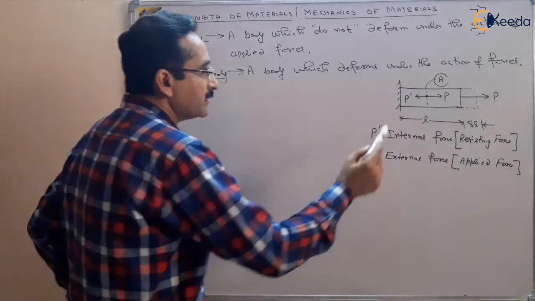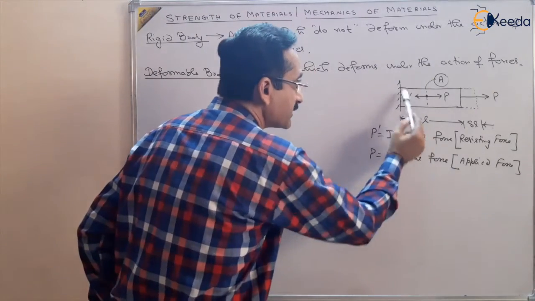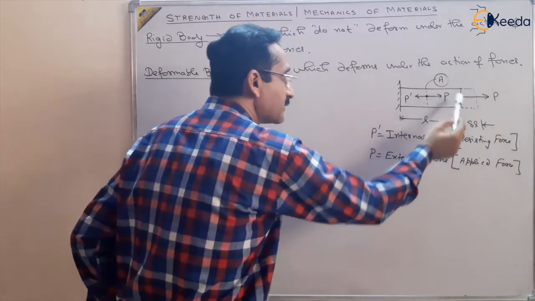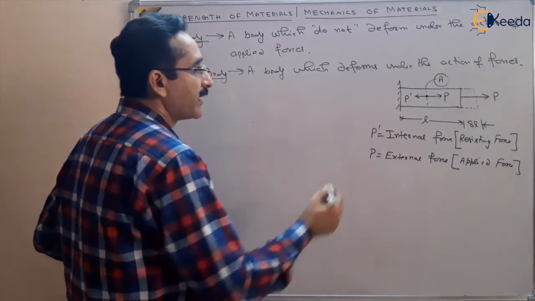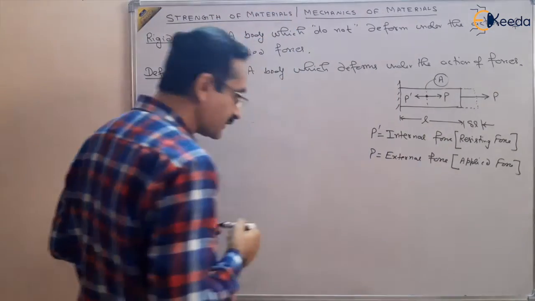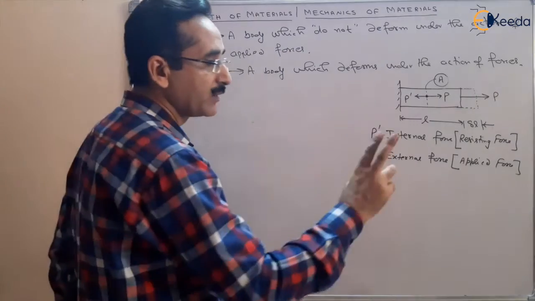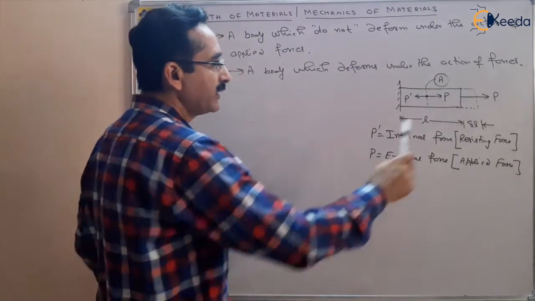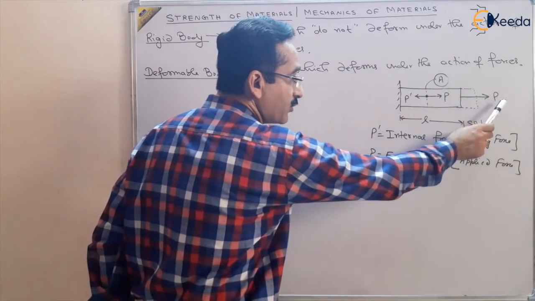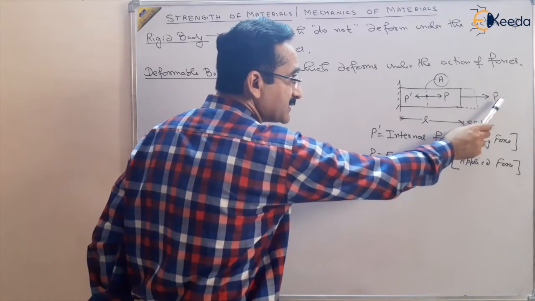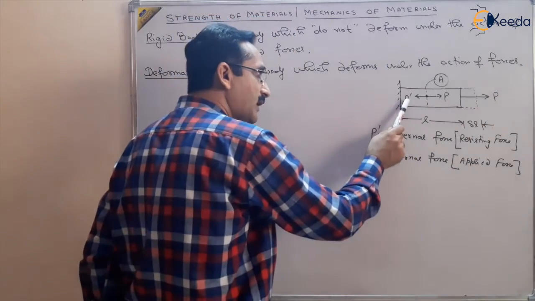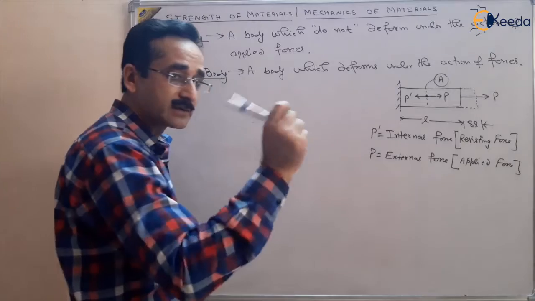So this resisting force is just opposite to this external force, and the higher this resisting force, the higher will be the strength of the material. If we go on increasing this external force, this P dash also goes on increasing, but there is a certain limit.